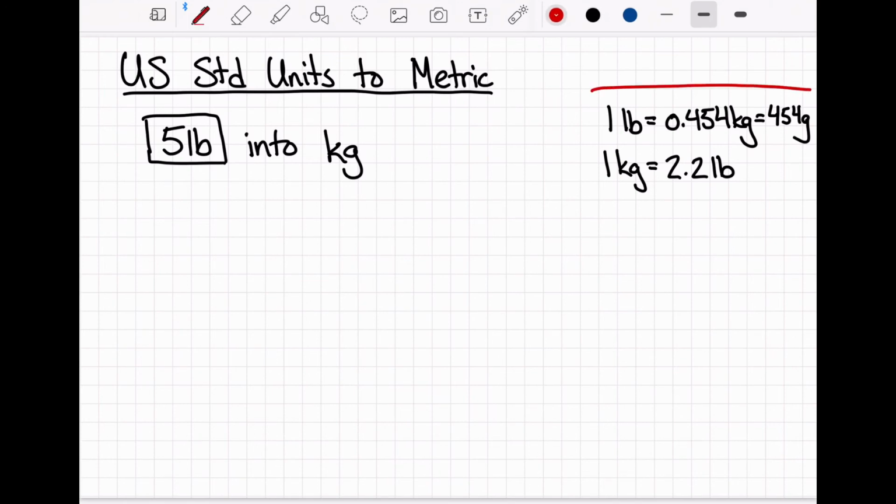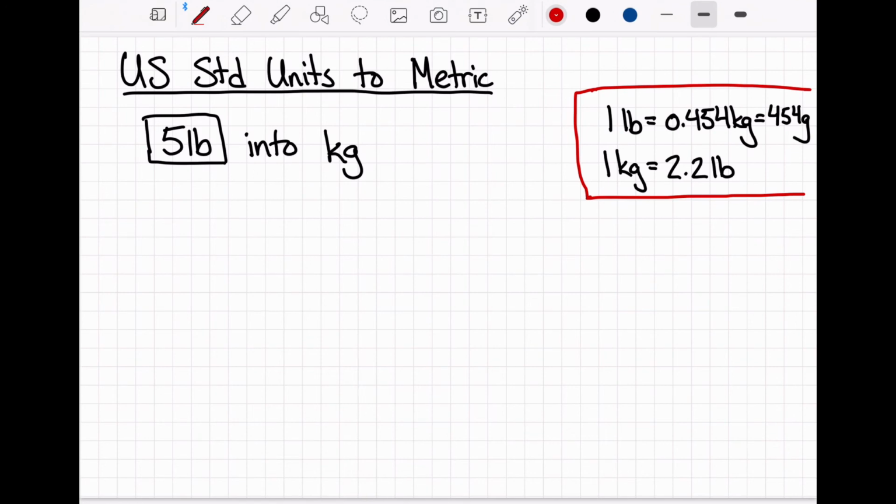These are easily accessible on the internet, but I do think it would be handy to write these out and put them on that bulletin board for easy access. 1 pound equals 0.454 kilograms or 454 grams, depending on what you need. The other one to note is that 1 kilogram equals 2.2 pounds. I'm going to do the calculation using both of these, and you can see that you really only need to use one. You're going to get the same answer.